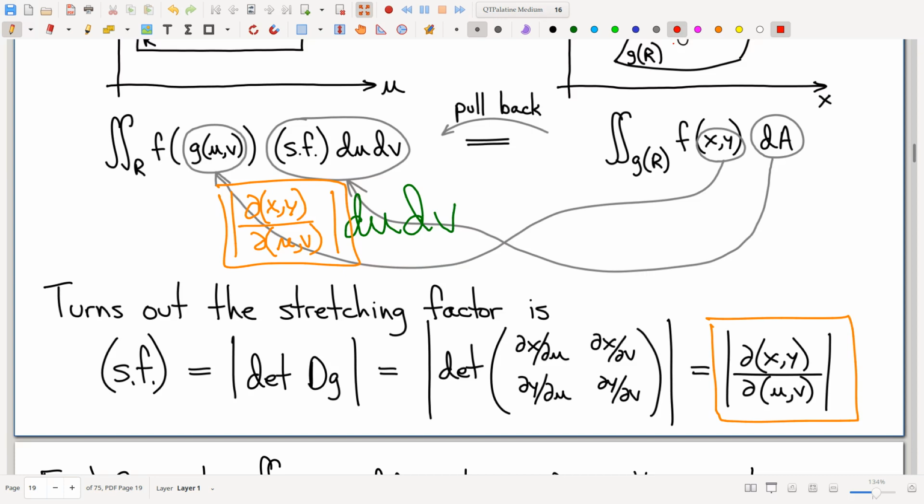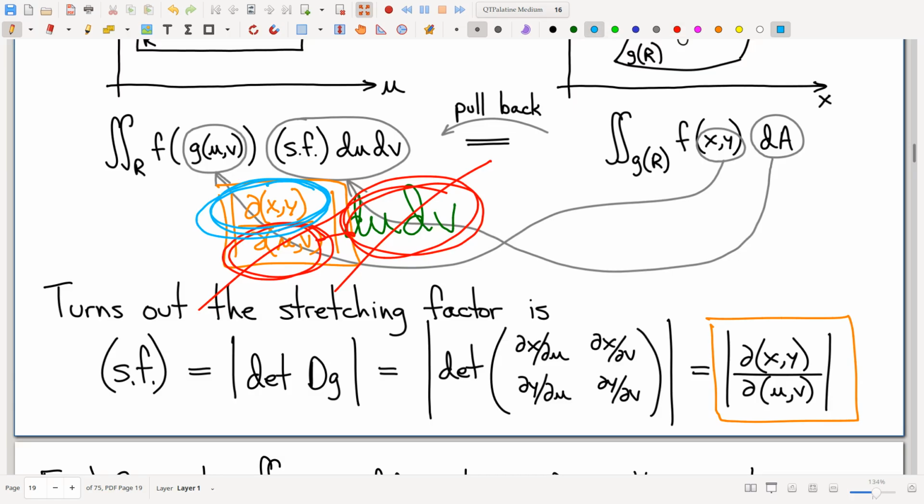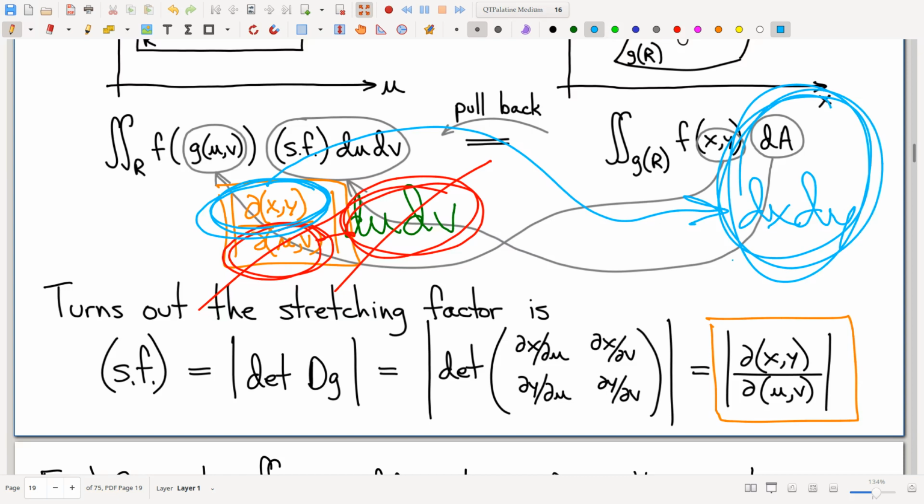Now, and I cringe as I do it, because this is a bunch of nonsense, but it's satisfying and believable nonsense that will always lead you in the right direction, so it's extremely convenient. It's almost like this thing with u's and v's cancels with that thing of u's and v's, thus leaving us with a thing with x's and y's, which you might reasonably interpret as representing area in the xy plane.